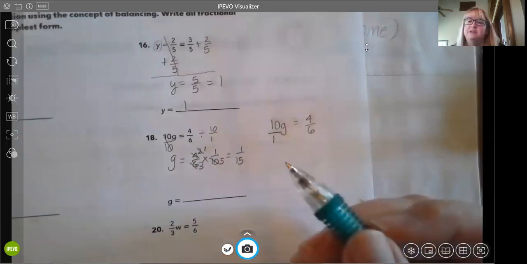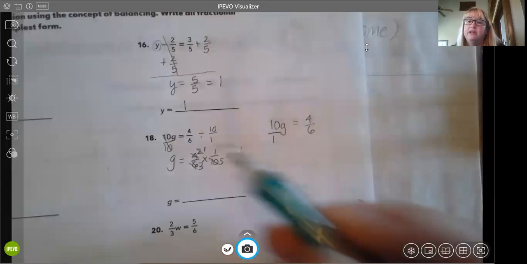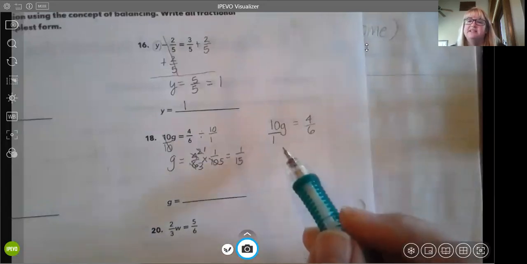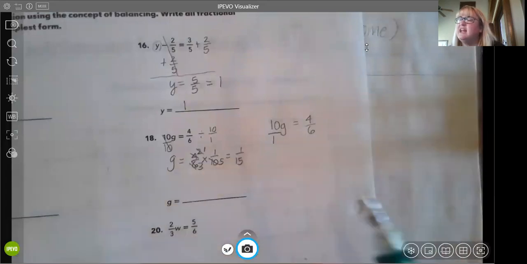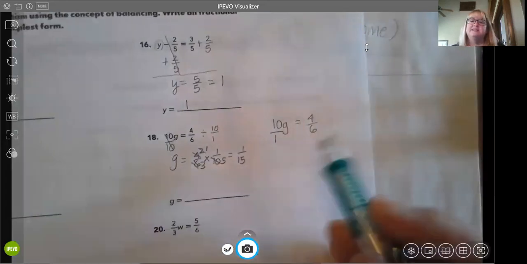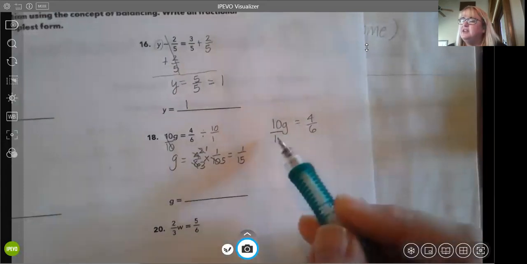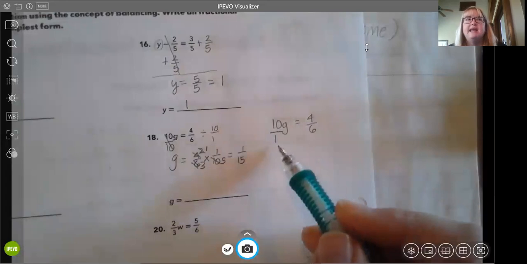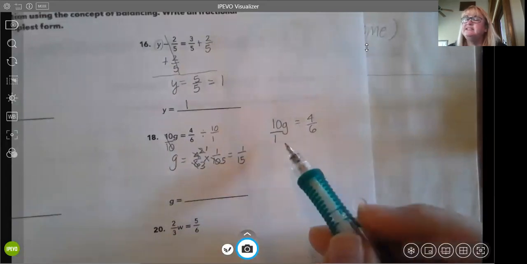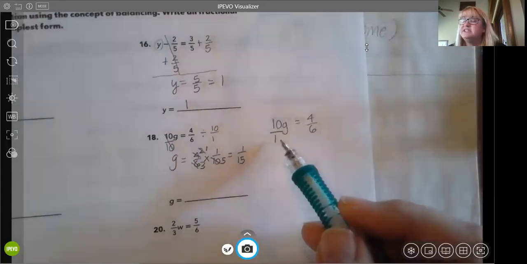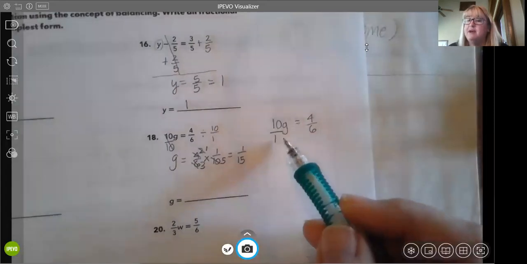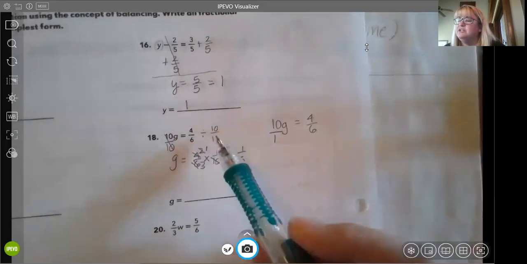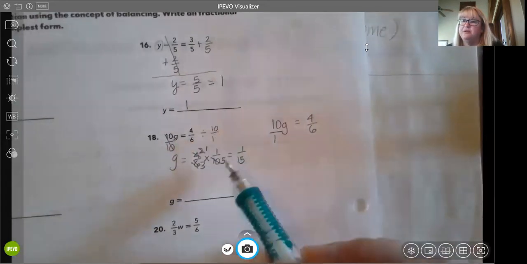You are more than welcome to do this, but I want to show you something that we're really going to work hard on in 7th grade math, getting this under our belts, and that is a slightly quicker way to do this. 10g, I want you to think of it as 10 over 1. Now, instead of dividing by 10, we're going to skip right to multiplying by the reciprocal.